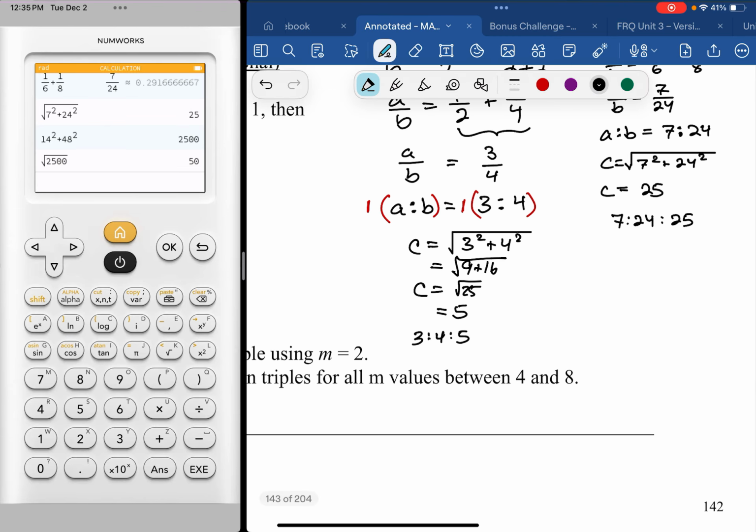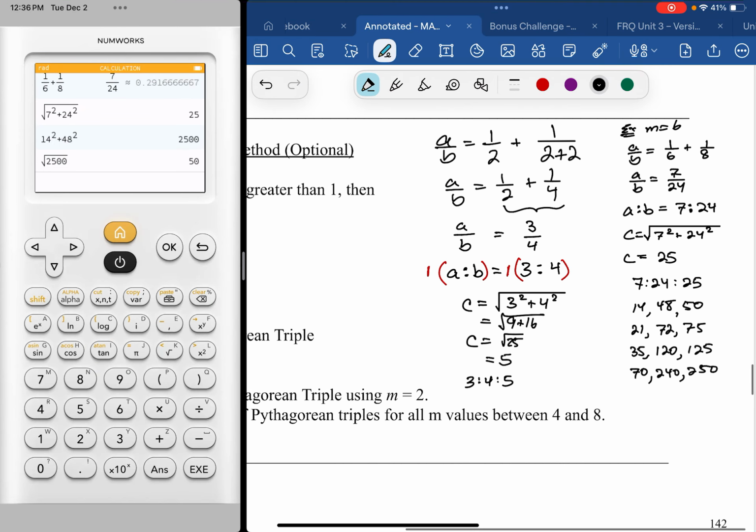So I could double, like I did 14, 48, 50. I can triple 21, 72, 75. I could multiply by 5 if I want, so 35, 120, and 125. Multiply by 10. Honestly, if you really want to just bang through it, you could multiply by 10, by 100, just keep tacking on zeros. It would satisfy the requirements.